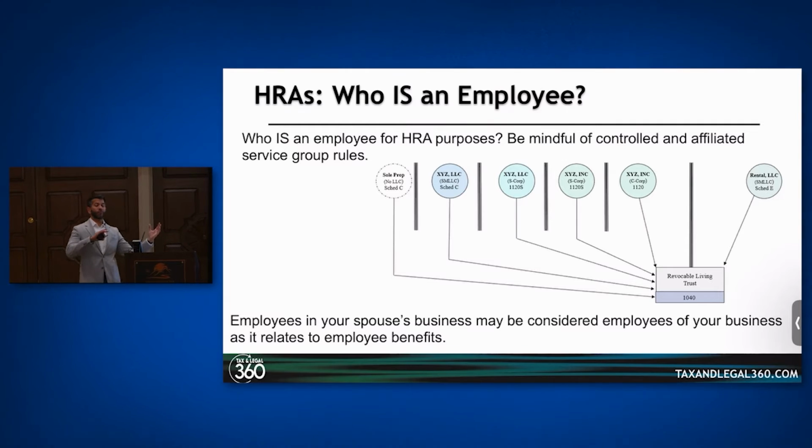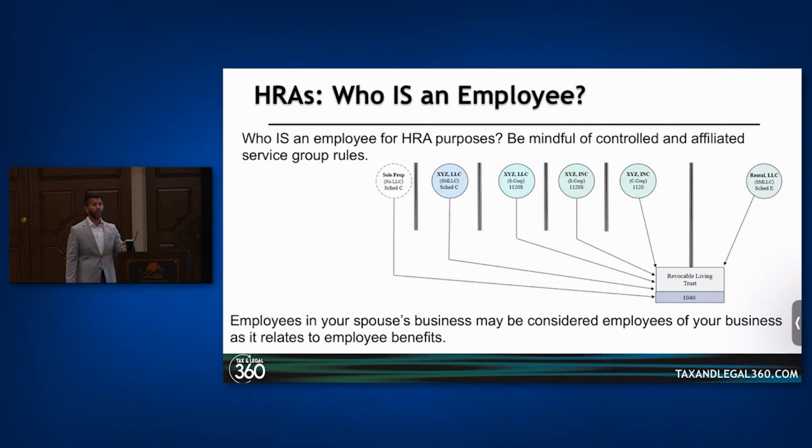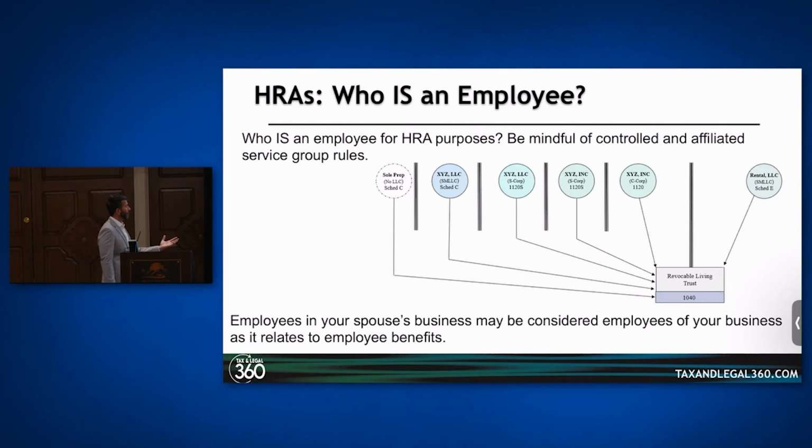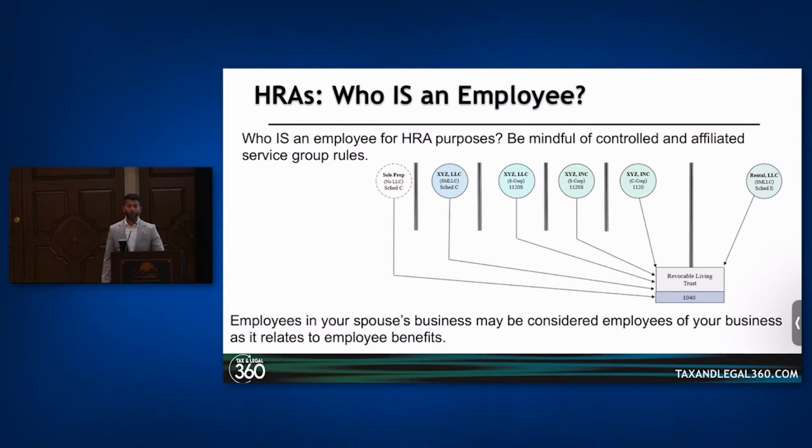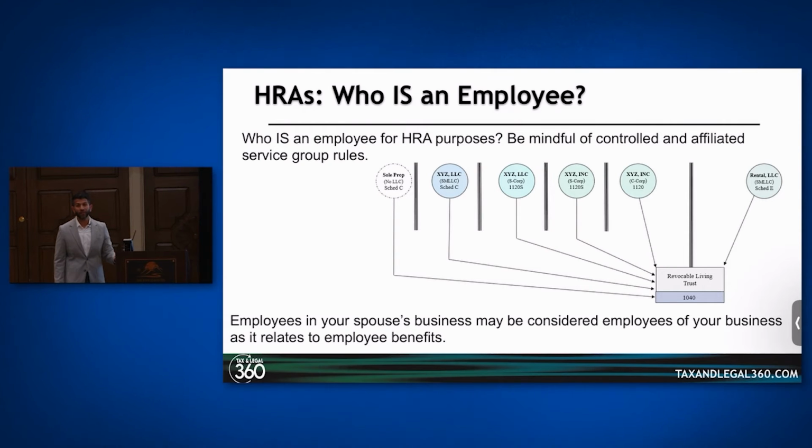Even though I maybe don't have all the full decision-making responsibilities, if there's a side business somewhere else that I might own 60% of, well, now those are all employees that I should be offering an HRA to. And even if I have a spouse that has a business, those employees in that business would need to be included in my HRA. So essentially what I'm trying to say here is, don't do this if you have rank and file W-2 employees, unless you want to cover them as part of your HRA benefits.